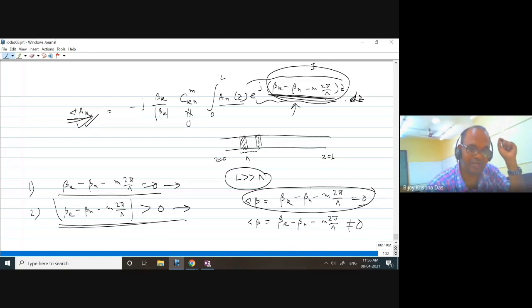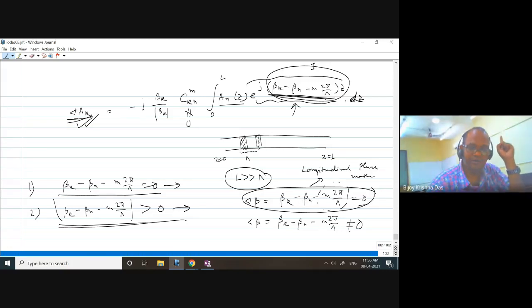So if this is satisfied, then we call that longitudinal phase matching. If you don't have any longitudinal perturbation, that means this part will not be there. Then if beta K is not equal to beta N, no coupling will take place. Effective coupling will not take place.